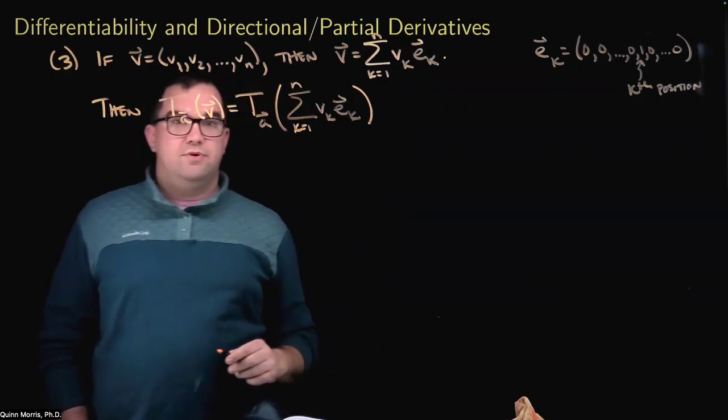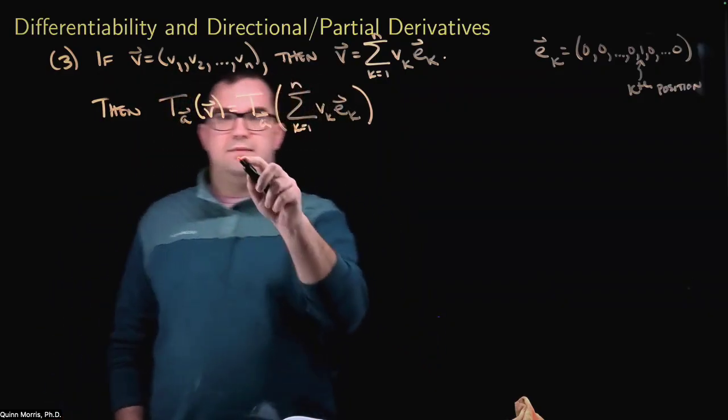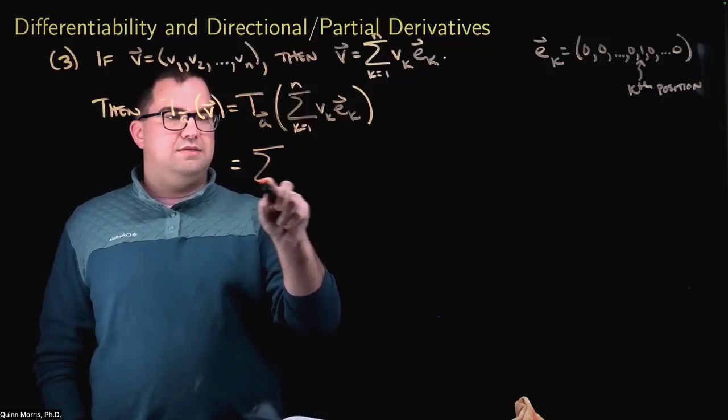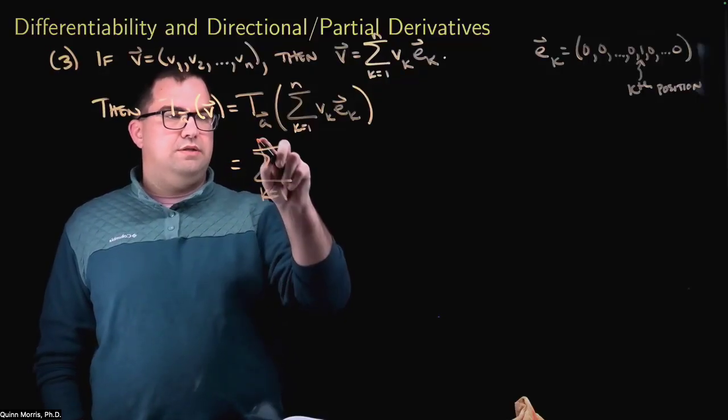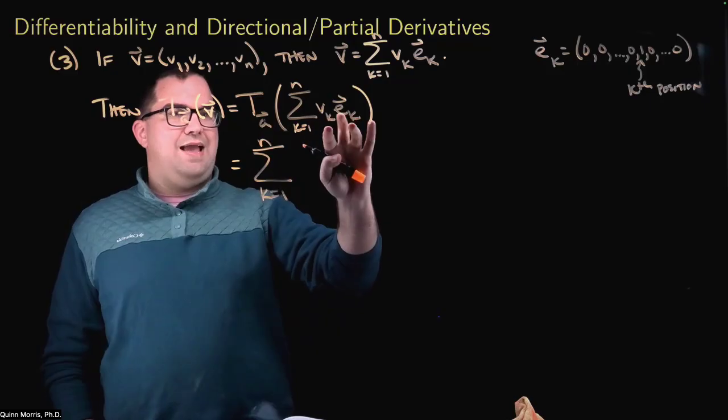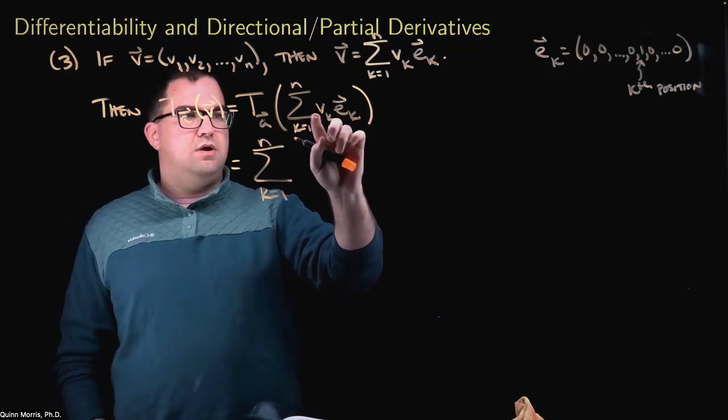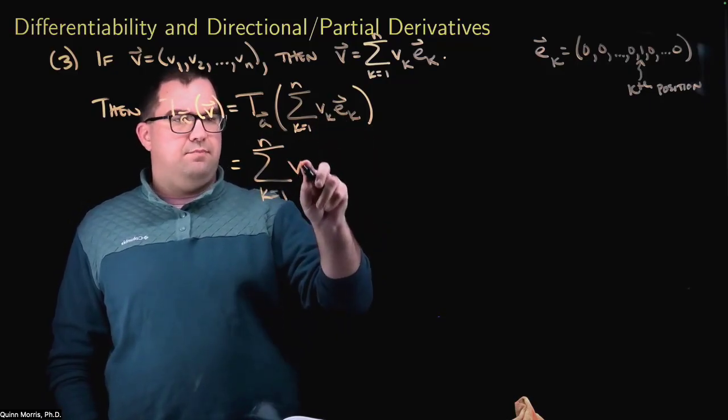And now this is linear, which means what? I can break it up over sums and I can pull out scalars. So I can rewrite this as the sum k equals 1 to n. I can apply T sub A to each of these terms, but then these vk's are just scalars that I can pull out.